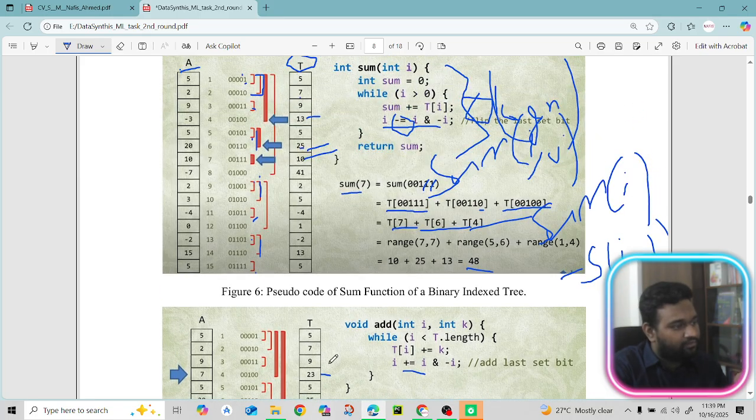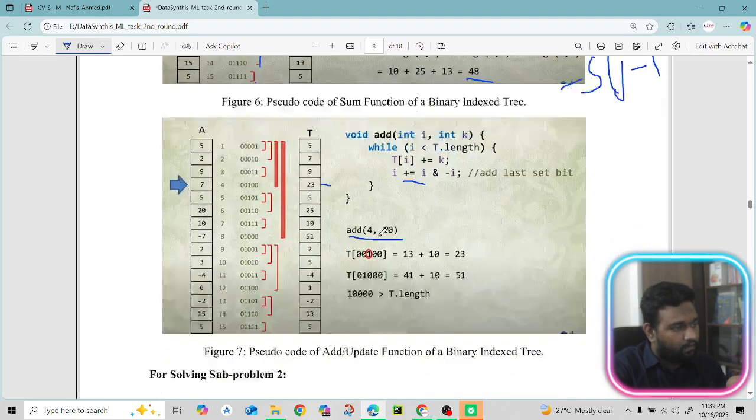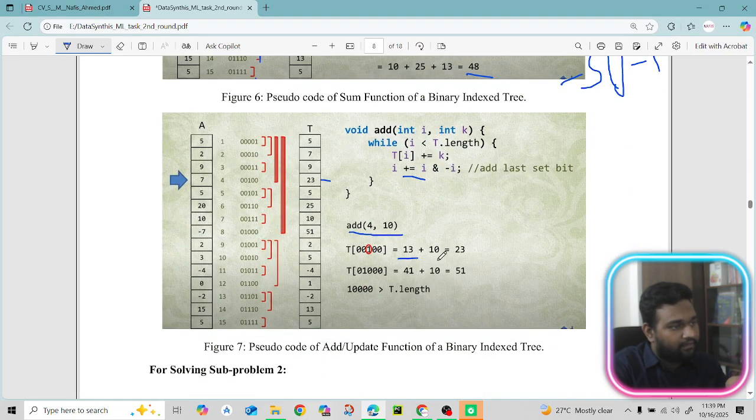Sorry, this is the resulted one, so I'm going to look at the previous one. At 4 it is actually 13, so I'm going to add a value of 10 here. After adding 10, it will be 13 plus 10 is 23.